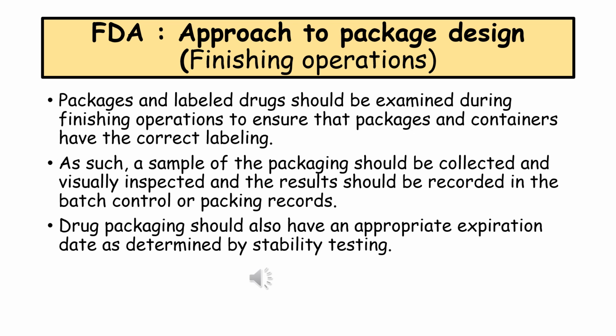So after the packaging and labeling operations are done, the packages and labeled drugs are examined during the finishing operations to check the correctness of label and packages. So a random sample of packages is collected and visually inspected, and the results are recorded in the batch packing records. Then the drug packaging should also have an appropriate expiration date as determined by the stability testing.